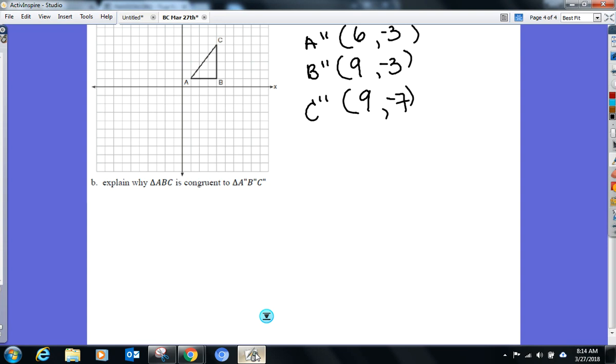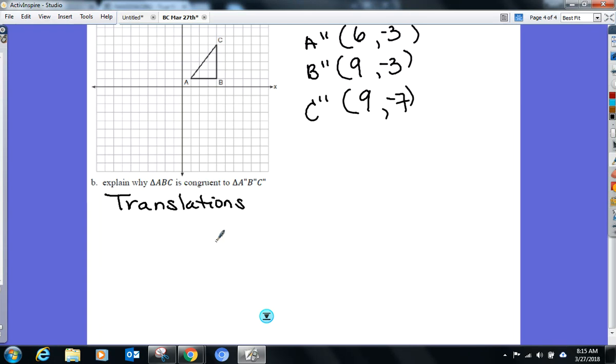Why are they congruent? You just tell me in your own words. So why? Because ABC underwent a translation. Okay, that's fine. I know it already worded that because you don't have to write that if it's already told to do it. You only would write it if you needed to find out if you actually did that.